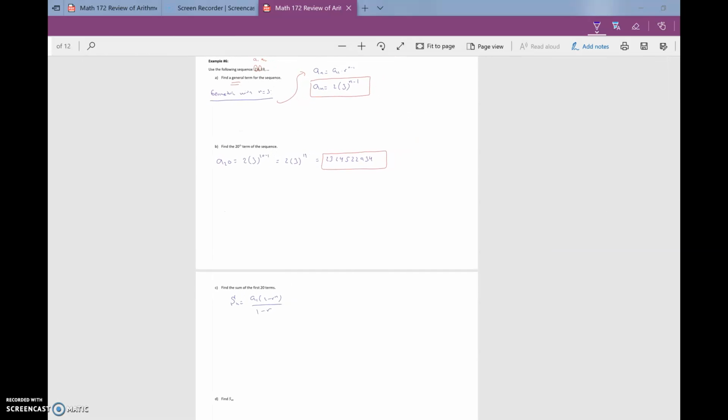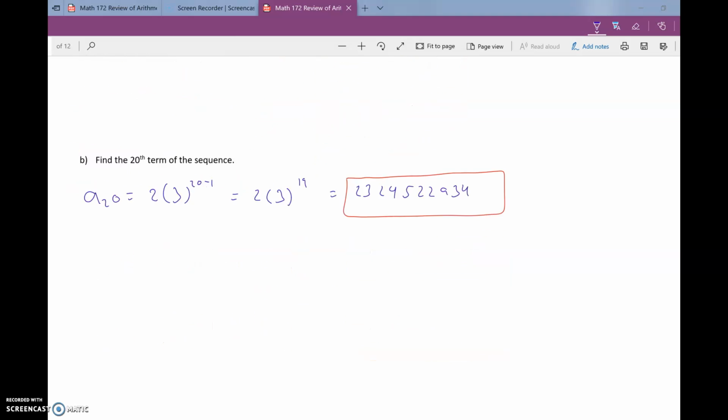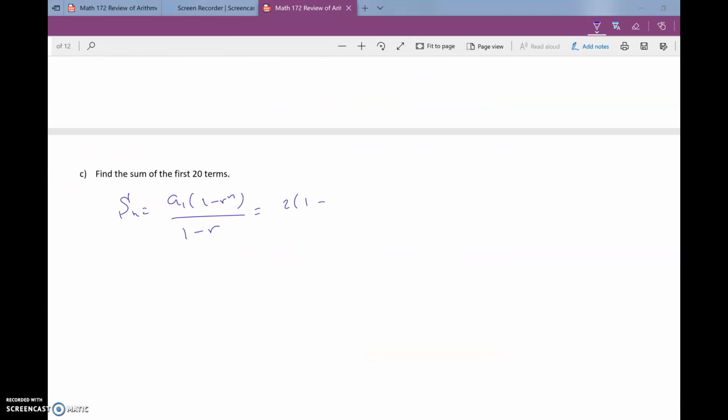Okay, so the first term is going to be 2. So this is equal to 2 times 1 minus, and we said r was 3, so 3 to the 20th, over 1 minus 3. And you can type it in like that into the calculator.